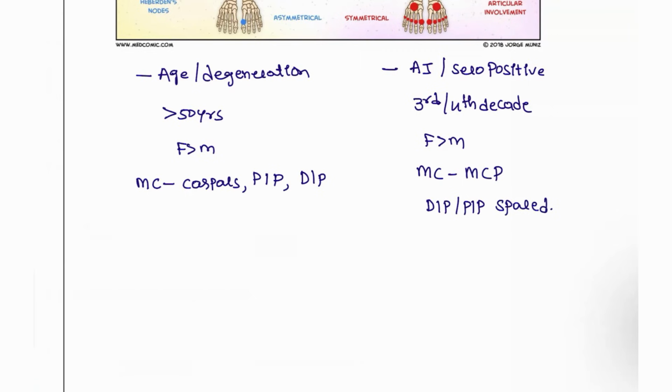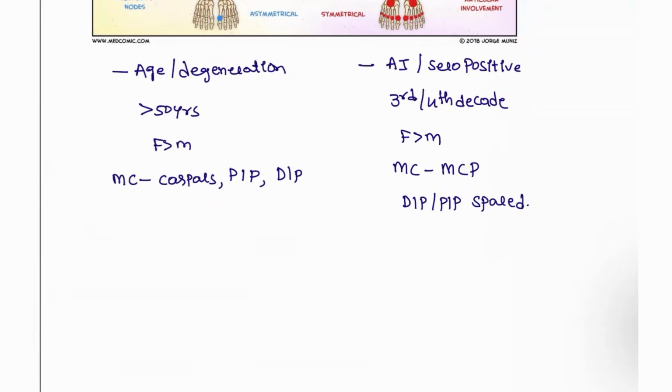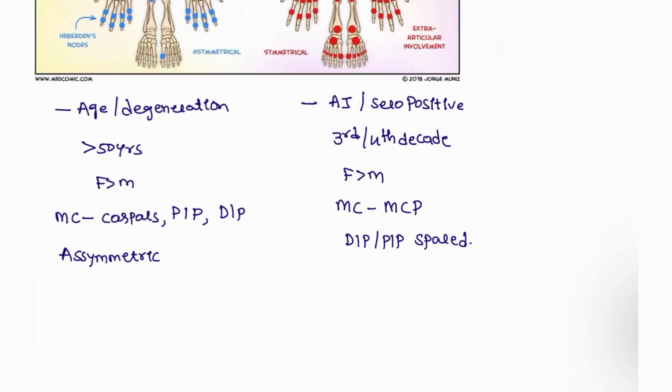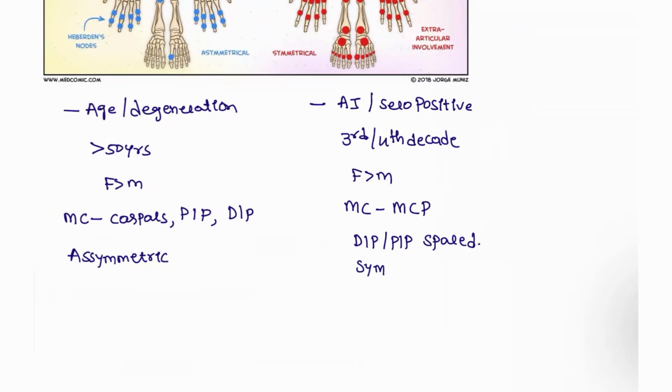In the early stage, these are going to be spared, and whatever joints are involved in osteoarthritis, those are asymmetric. And coming to the symmetric, the joints that are involved in rheumatoid arthritis are symmetric.